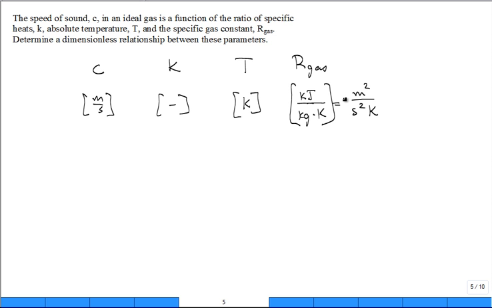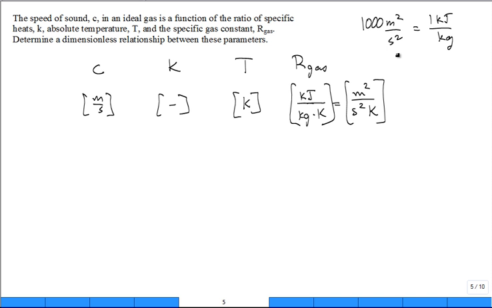They're equivalent, but you can see which one's going to be more interesting or more helpful, right? Do you recall that 1,000 meters squared per second squared is 1 kilojoule per kilogram? That's why I wrote it either way for that gas constant.